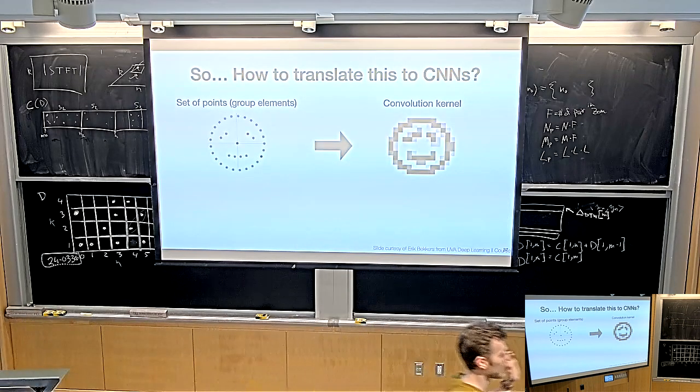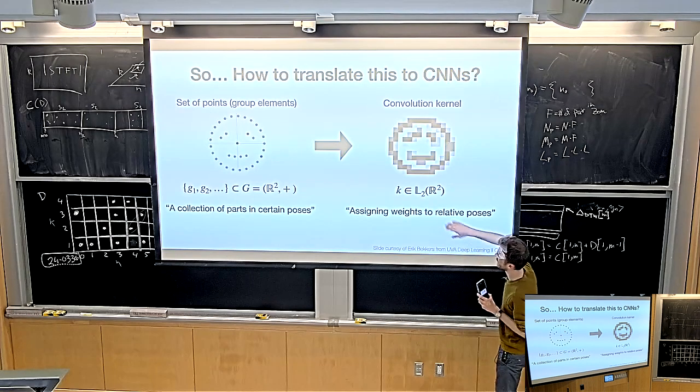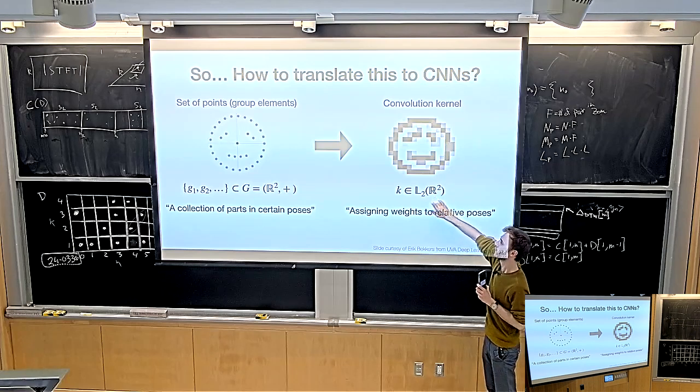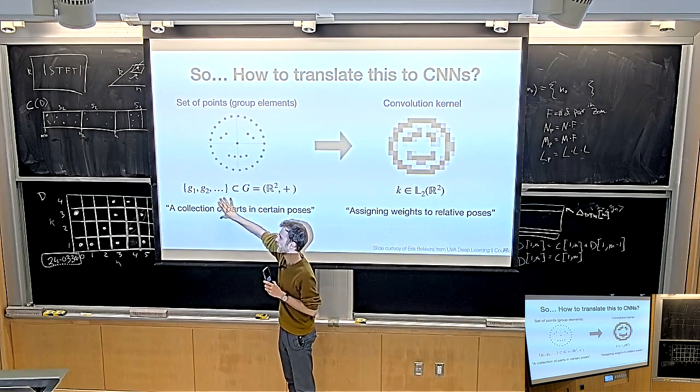How can we use this to actually build convolutional neural networks now? Or how can we use this to build neural networks that are invariant or equivariant, or what does that even mean? That basically know about the structure of these groups. Unfortunately, we still need to introduce a little bit more notation. The first thing to differentiate between is group elements.